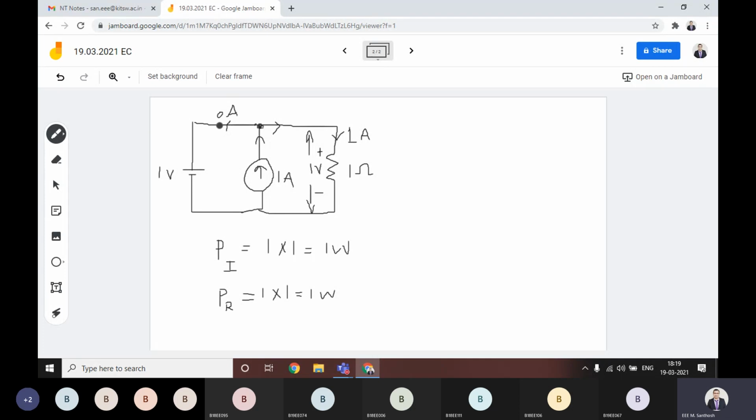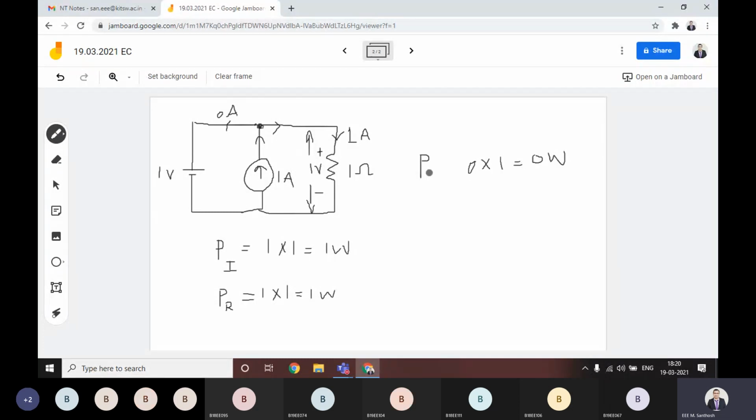Then 0 amperes is flowing into this 1 ohm? Because current always flows towards the load. Here the 1 ampere will go towards the load only. Then in that case, 0 into the voltage value of 1 volt gives you 0 watts for the voltage source.